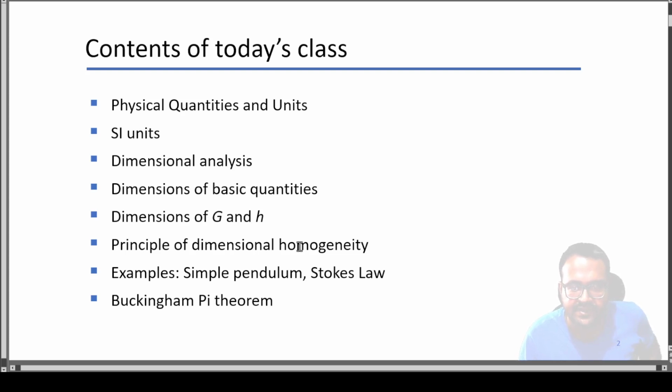We'll discuss dimensional homogeneity and apply it to some problems: the simple pendulum problem, the Stokes law problem, and some other problems also. And at the end of the day, I will tell you the Buckingham Pi theorem, and we'll finish this class. So, okay, friends, this is the plan.